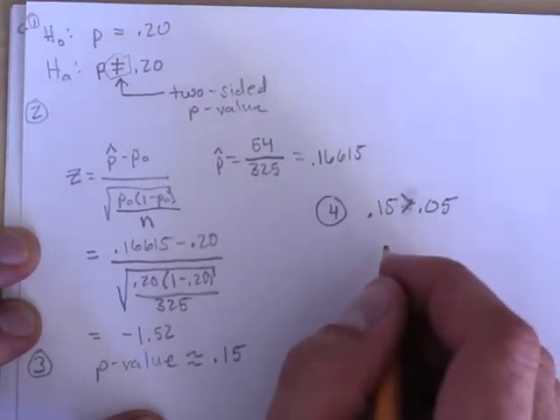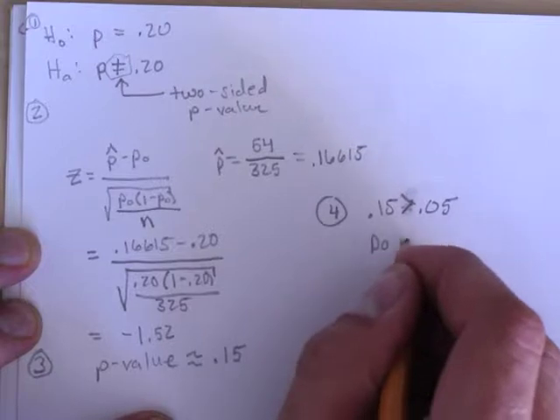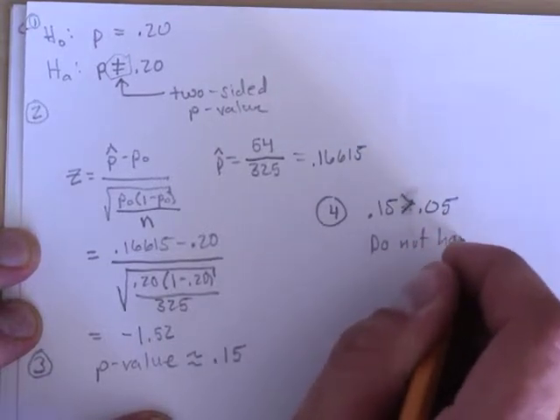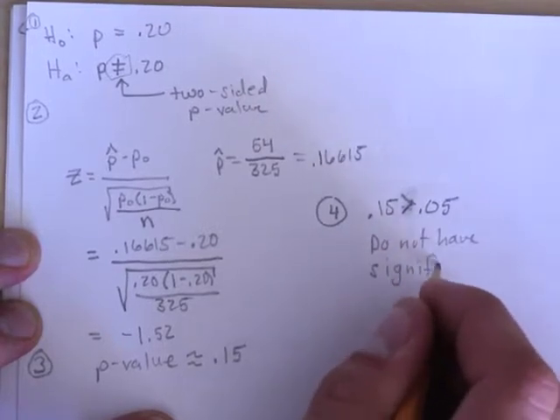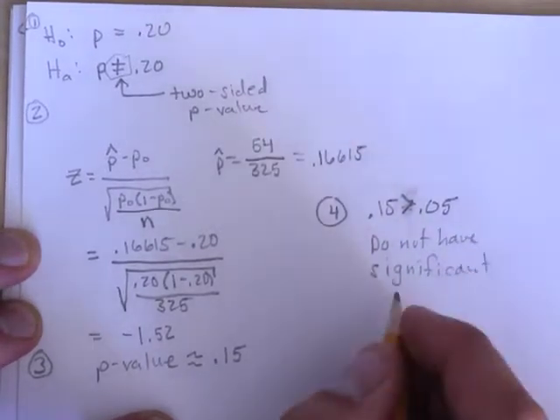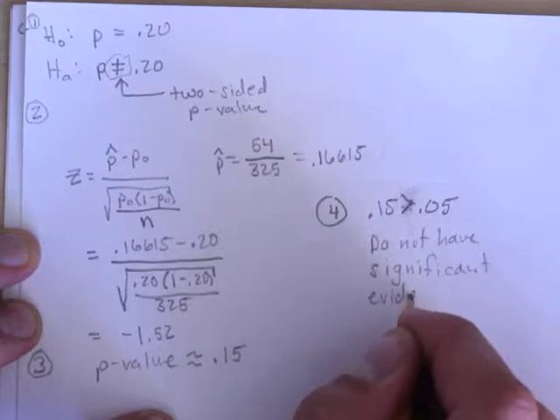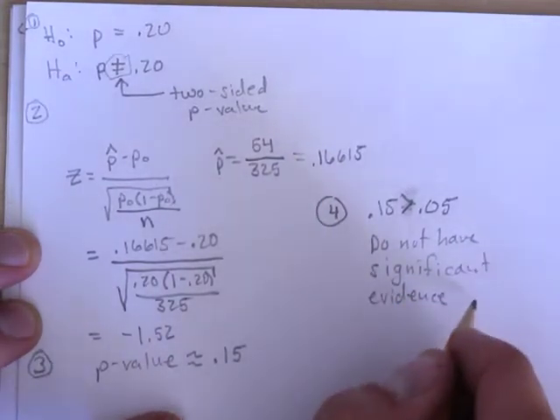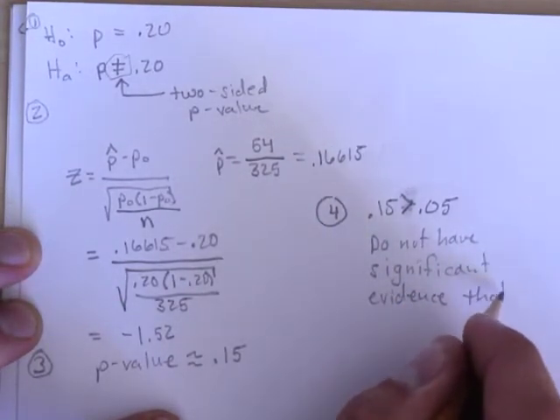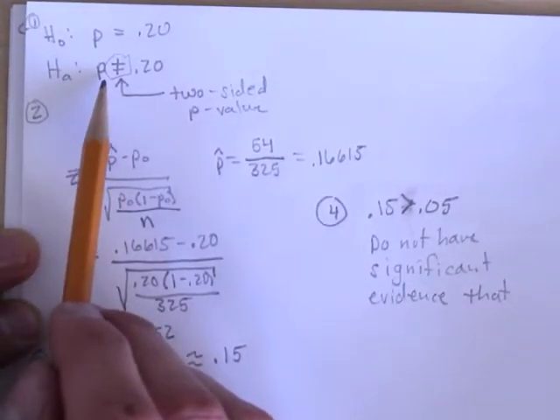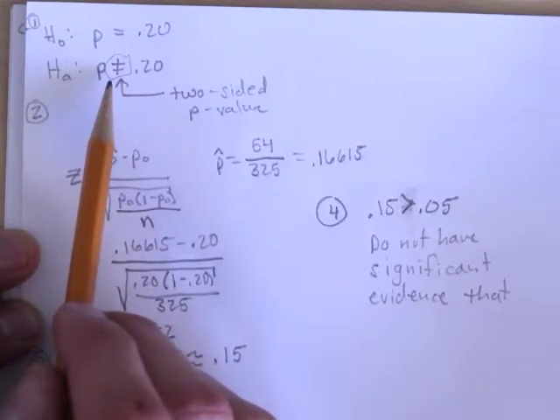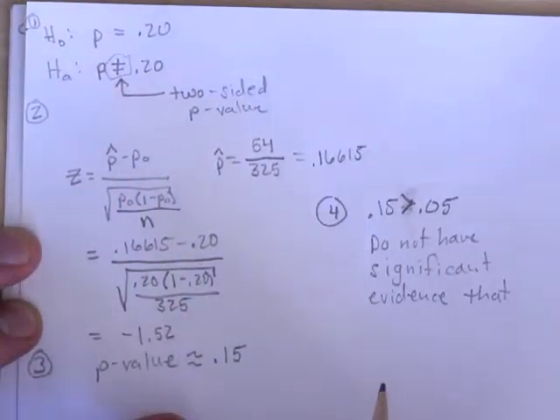And so we go ahead and say we do not have significant evidence that the alternative is true, and the alternative was that the proportion is not 20%. In other words, that there are not the correct proportion of blue M&Ms being produced.